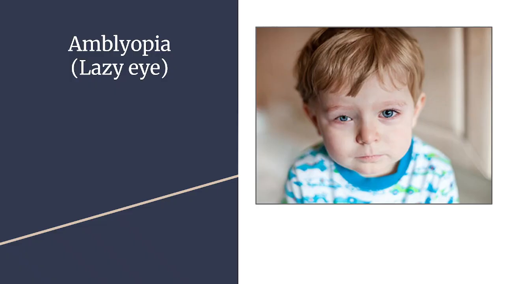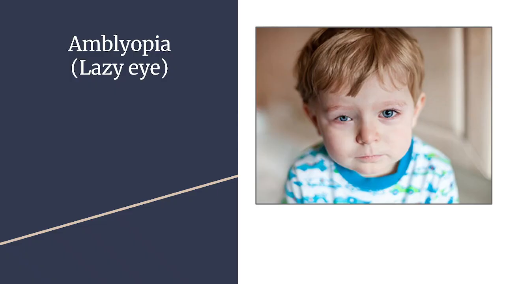Detecting the condition in early childhood increases the chance of successful treatment, while the colloquialism lazy eye is frequently used to refer to amblyopia. The term is inaccurate because there is no laziness of either of the eyes or the amblyope involved in the condition.